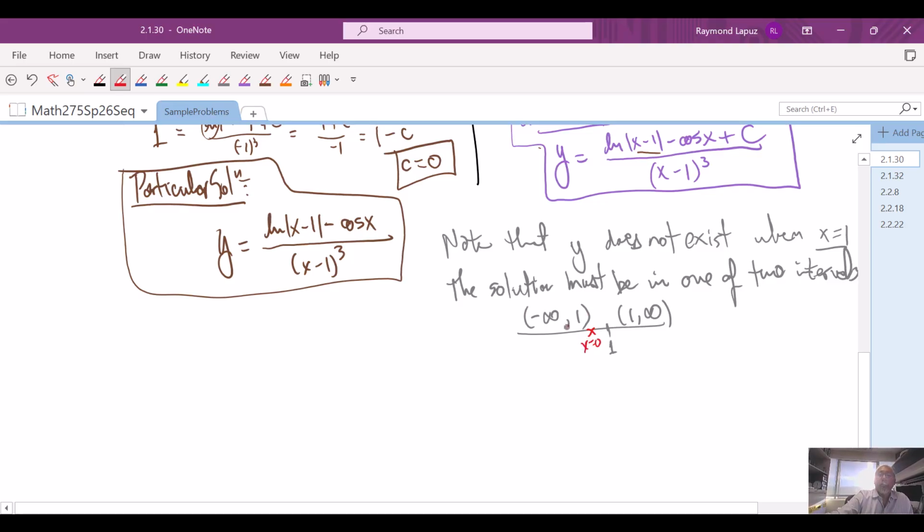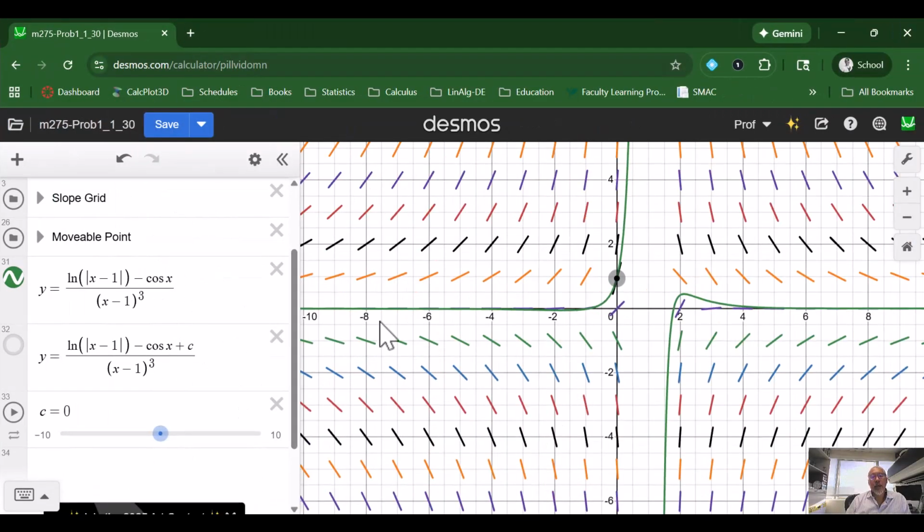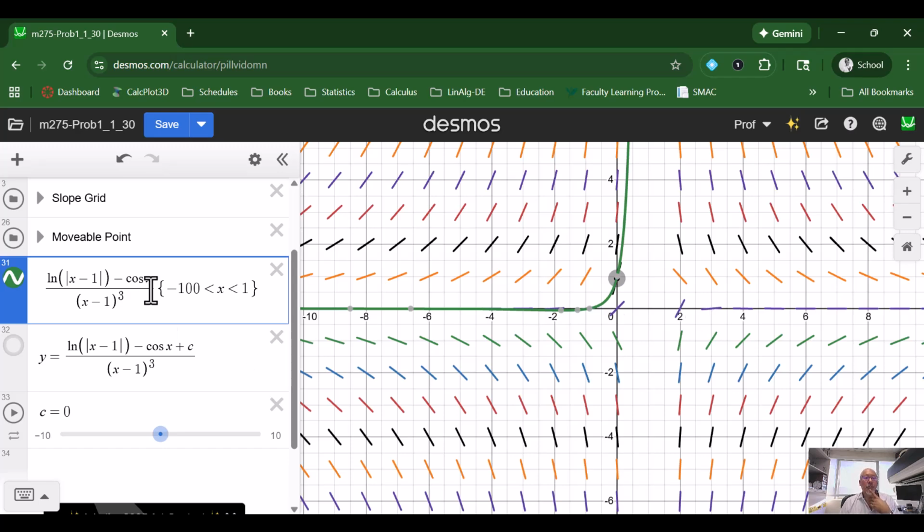So your interval must be going from -infinity to 1, which means in our solution we have a graph that breaks off at x is equal to 1 with something to the left and something to the right, but we know that this cannot exist on both sides, and so our existence and uniqueness theorem tells us that we need to restrict our solution to go from -infinity to 1 and not look at the positive part.